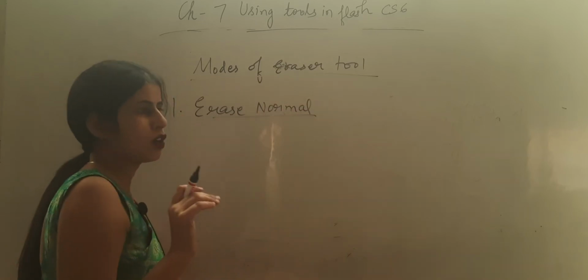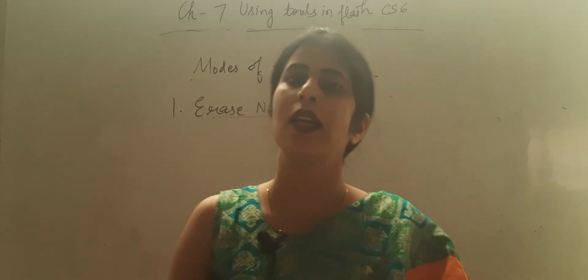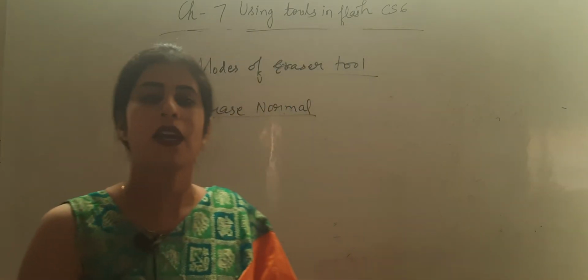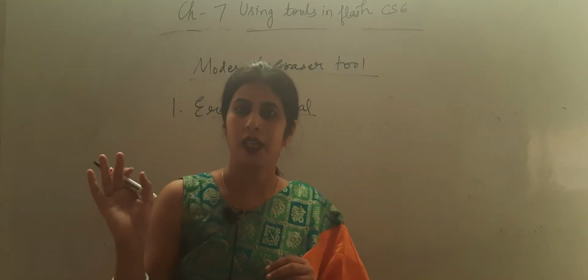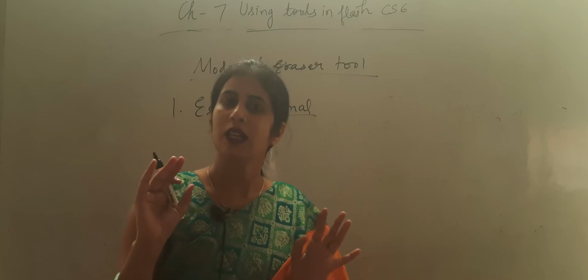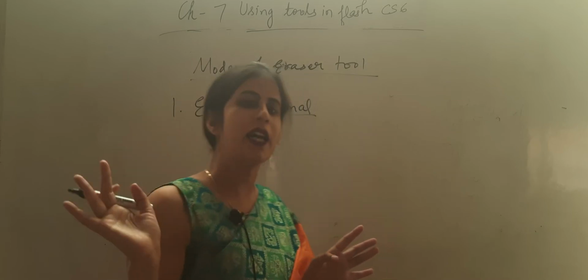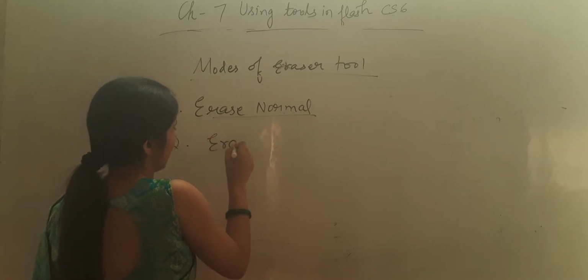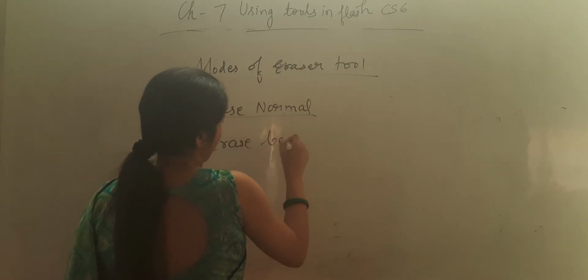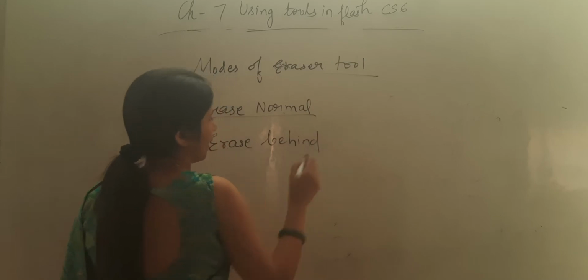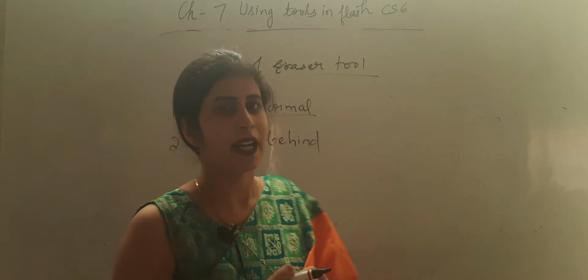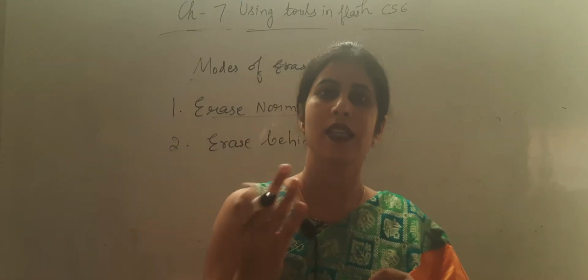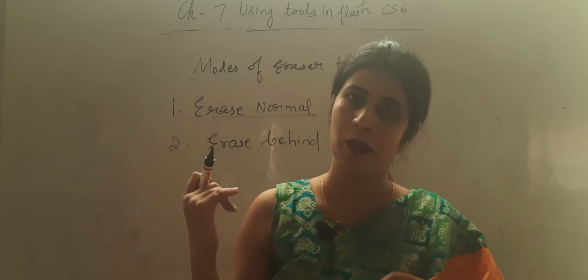What is erase normal? It will erase the stroke area as well as the fill area. Second one is erase behind. Erase behind mode is used to erase the behind area of an image.